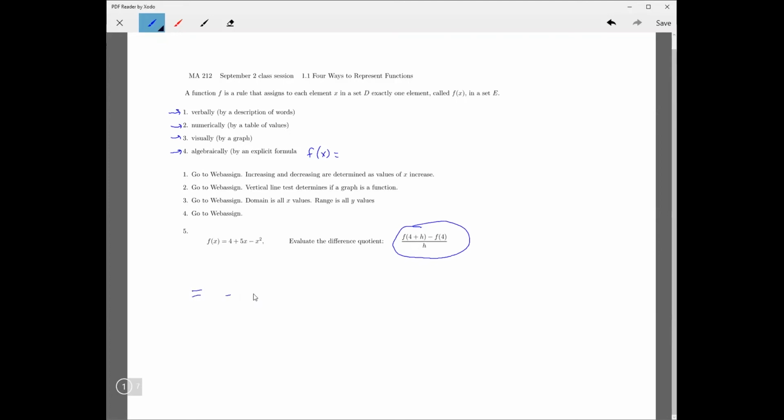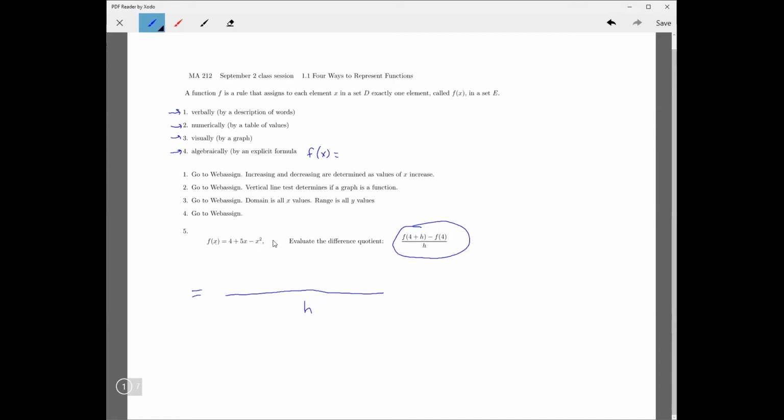So the idea is you just put everything in that's there. Now this is f of 4, and this is f of 4 plus h. When you have a function, you have this x, and in f of 4 plus h, the x gets replaced with 4 plus h.